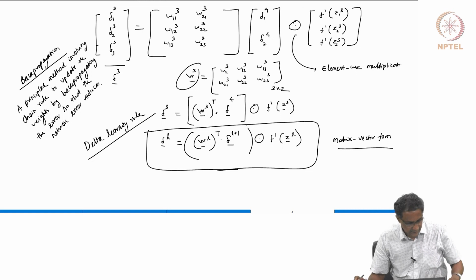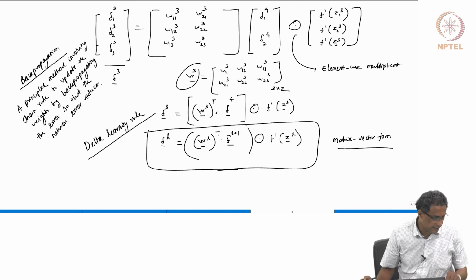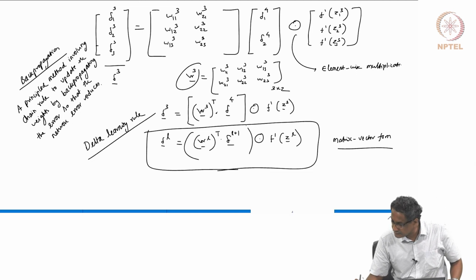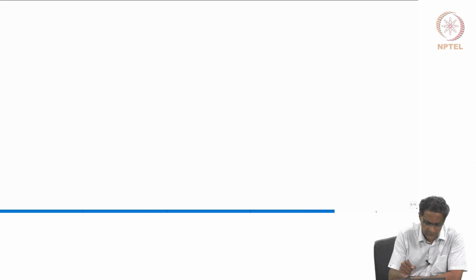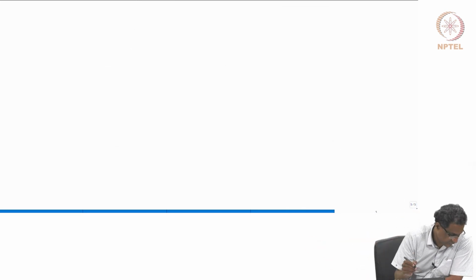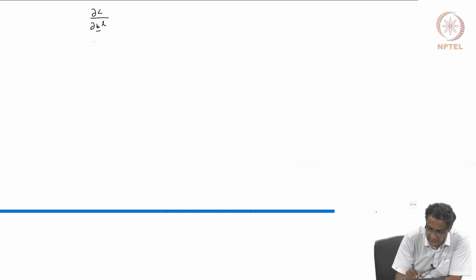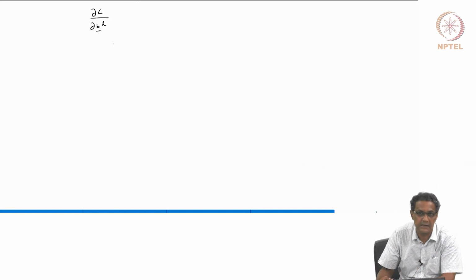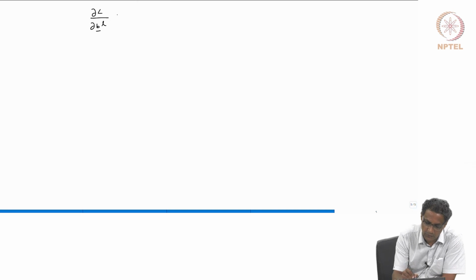Then I'll leave it to you as an exercise, or maybe we'll find out right away. So what do you think? Some of these are pretty straightforward. If I had, let's say, dou L by dou BL, where BL is, if you were to stack the BLs at that place as a vector, what do you think this should be equal to?